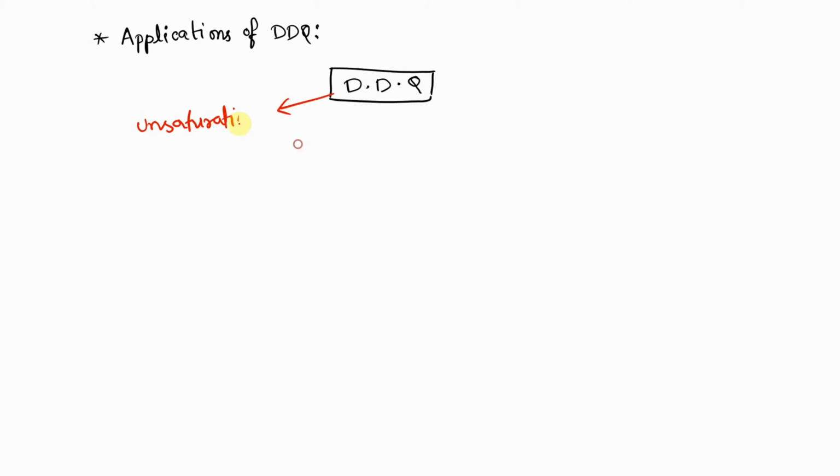Next, it may oxidize alcohols also. Oxidation of alcohol involves removal of hydrogen, right? So therefore it carries out oxidation of alcohol. This is the second important process.